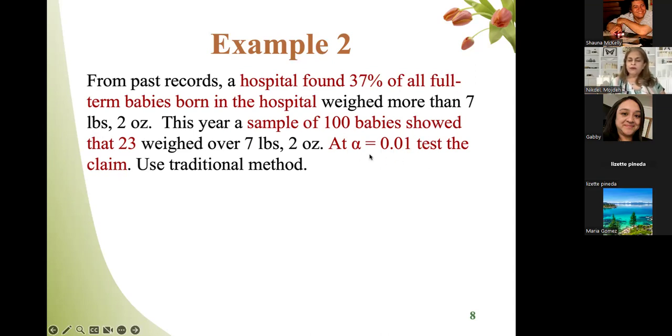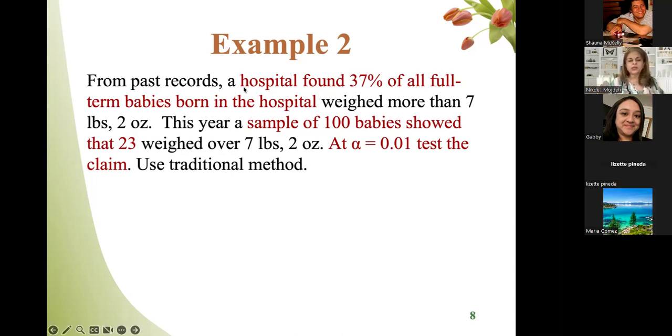I have an alpha in my sentence, and it's a short sentence. So I have to do hypothesis testing. Since it is a short sentence, my claim has to be at the beginning of the problem. Here it says 37% of full-term babies born in the hospital weigh more than 7 pounds 2 ounces. So we are talking about percentage related to a group that we are interested in. So our parameter is proportion.